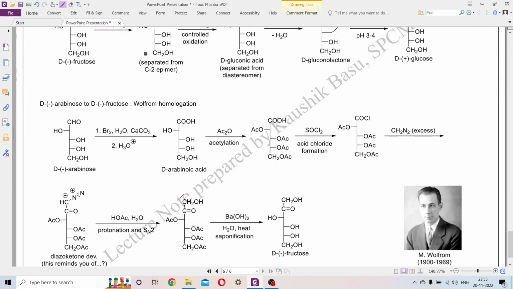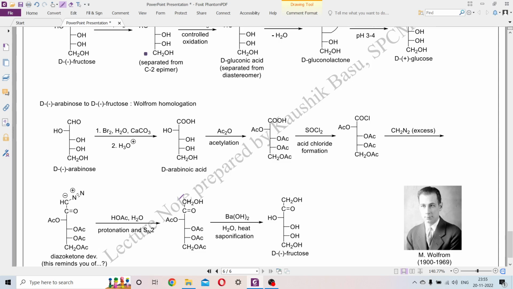The last part of this lecture is conversion of an aldopentose into a corresponding ketohexose. Now that's new. If you are trying to synthesize glucose and mannose from arabinose, you go for the Kiliani-Fischer.